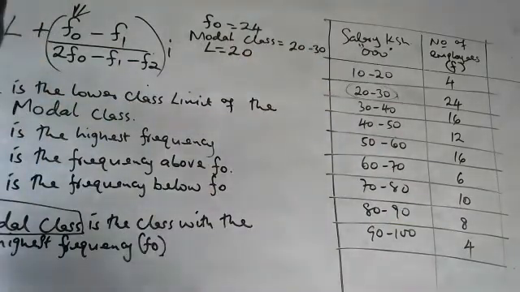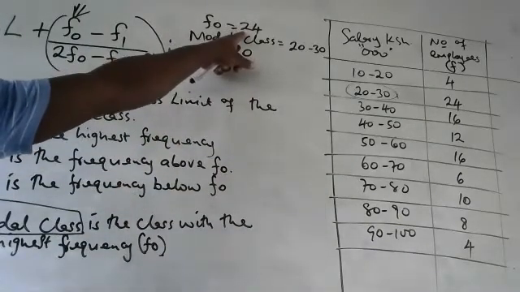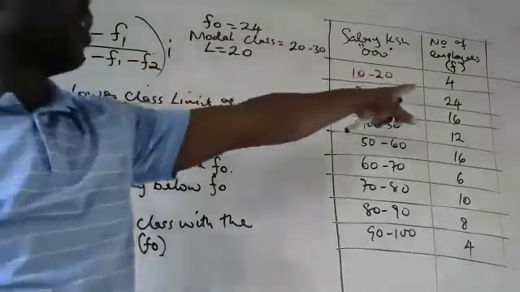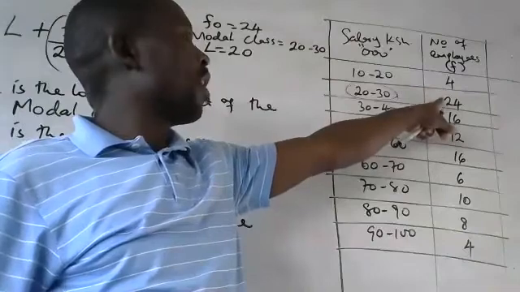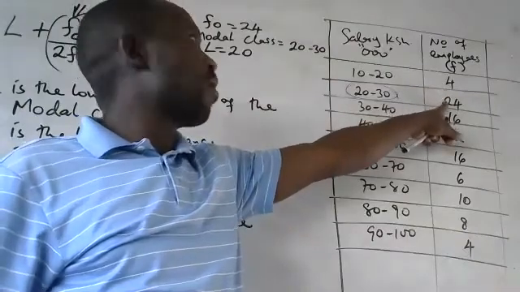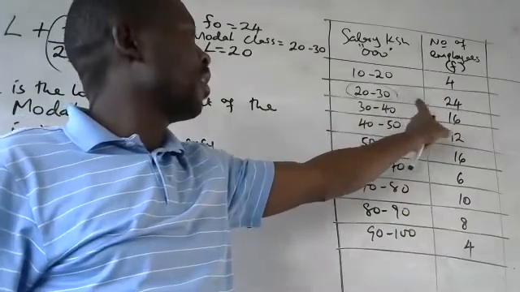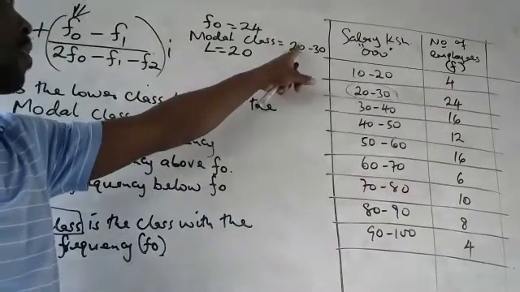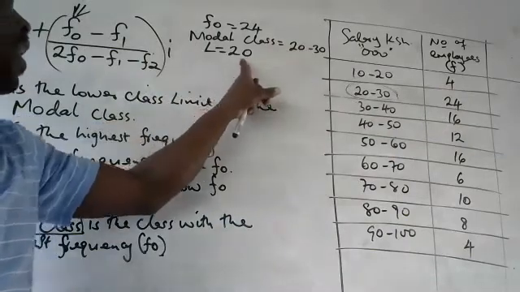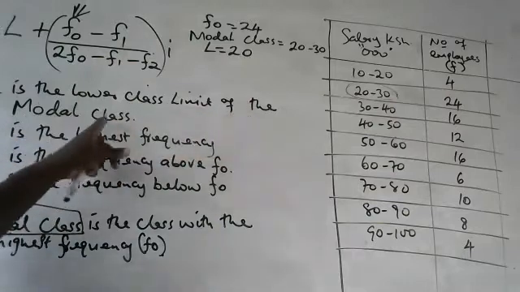So I hope you can follow the sequence that I've done. The first thing is to locate the F0, which I've located to be 24. If 24 is the F0, or the highest frequency, the class where 24 belongs, which is 20 to 30, is our model class. If this is our model class, then 20 is our L, because L is the lower class limit of the model class.